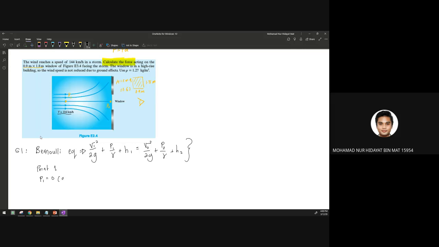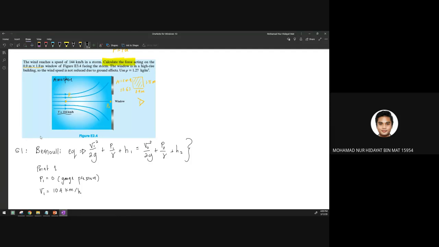We use the gauge pressure because this is a high-rise building, the top of the building, which is exposed to the atmosphere. So you can see this is atmosphere. When atmosphere, the P gauge is equal to 0, and then the velocity equals 144 kilometer per hour.